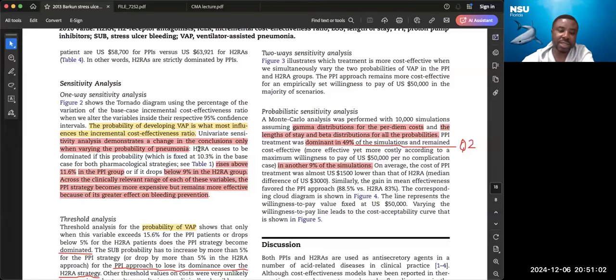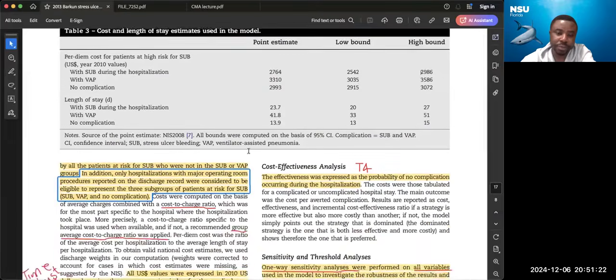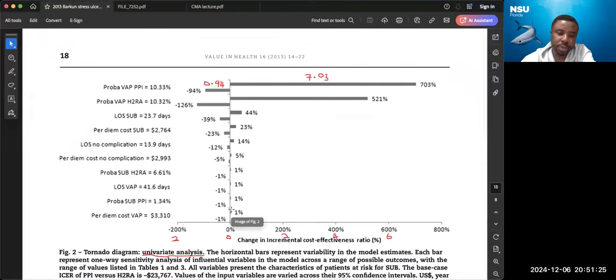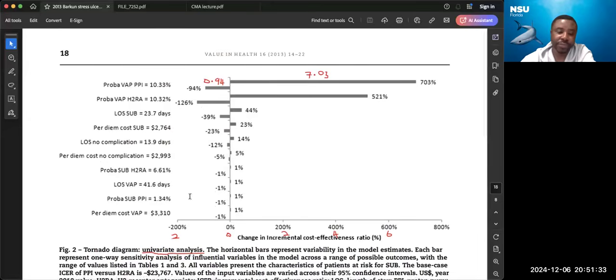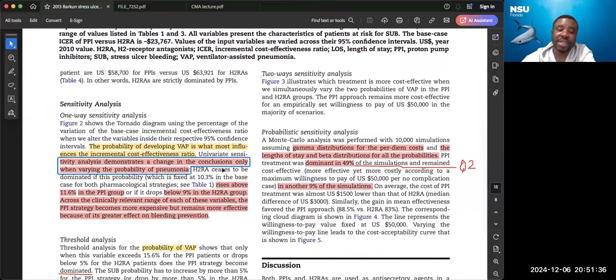So here they found that the H2 array ceases to be dominated if this probability, which is the probability of the PPI causing the VAP, 10.33, changes.